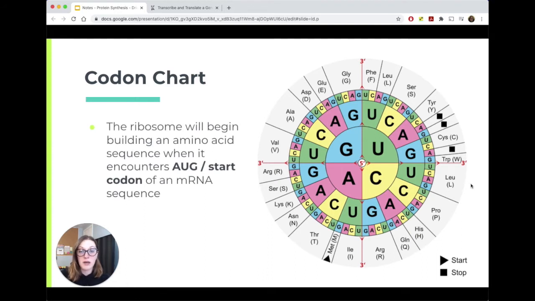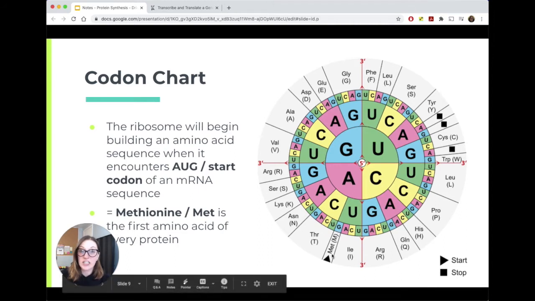It will begin building an amino acid sequence when it encounters the first AUG sequence. AUG codes for the start codon, and therefore every protein starts with methionine, or MET for short. To use this codon chart, you start with your 3 letters of mRNA. The first letter is the biggest letter in the middle. So we have A, U, G, and that stands for MET, or methionine.